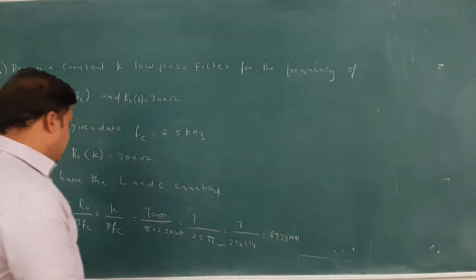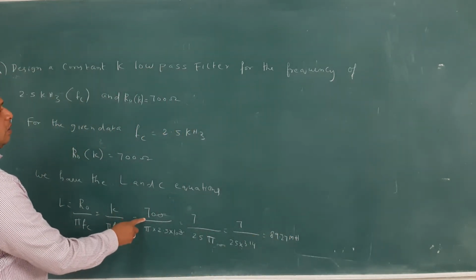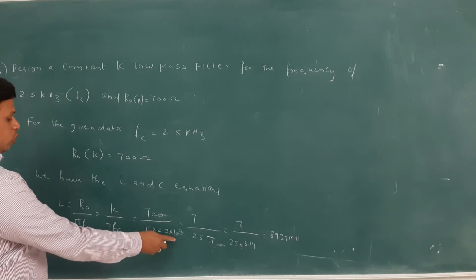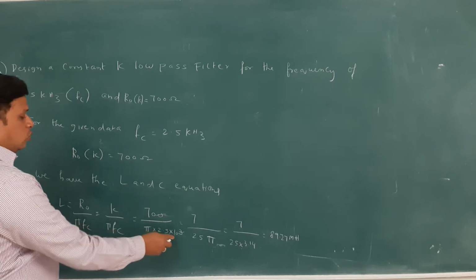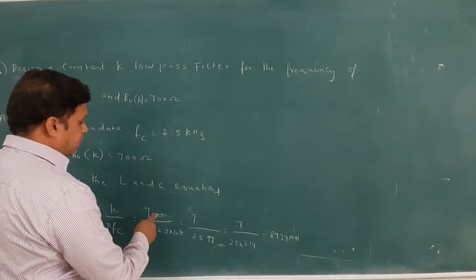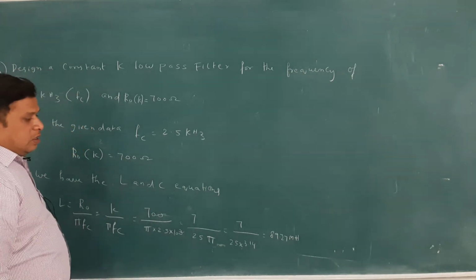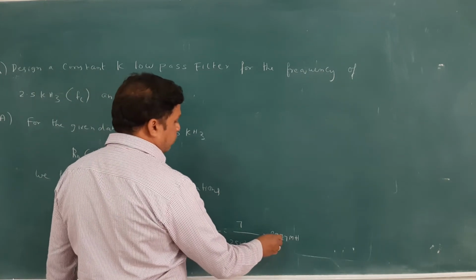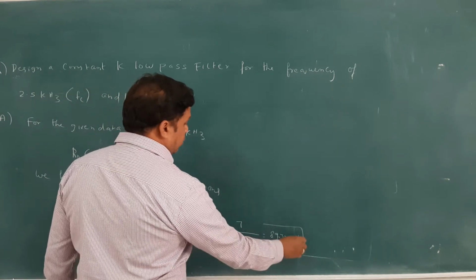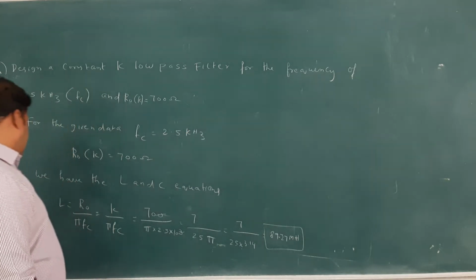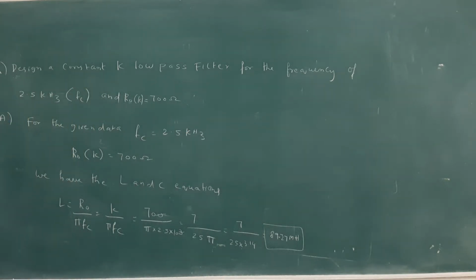So here we see that K is 700 ohms divided by pi into 2.5 into 10 cube. 10 cube means 2500, so the zeros get cancelled. 7 by 25 into 3.14. If you do this, 89.27 millihenry is the value you get for the inductor. This is the inductor. Okay. Now we will go for the capacitance value.